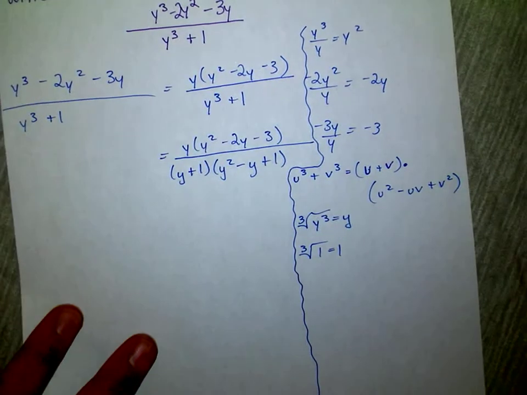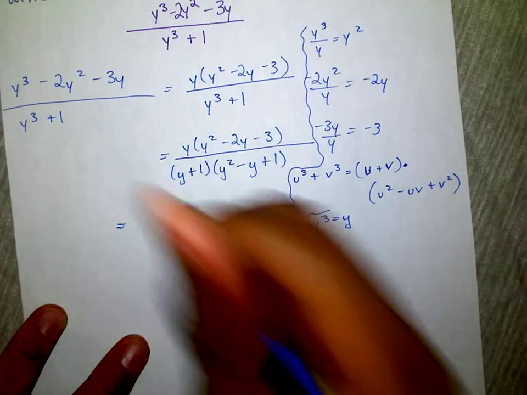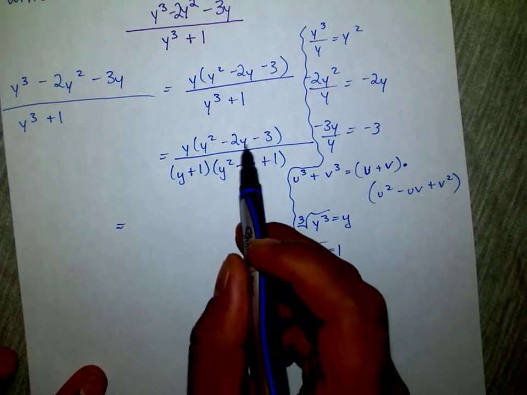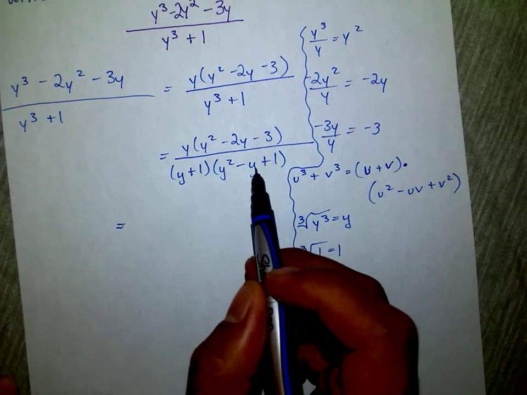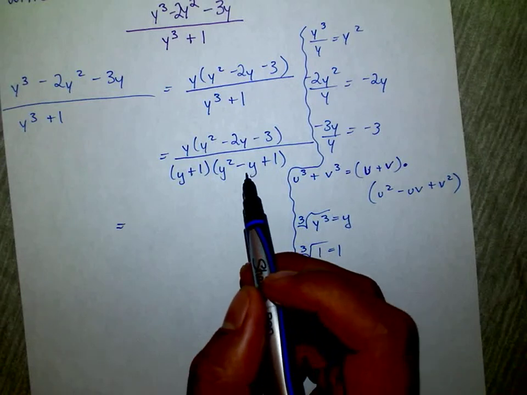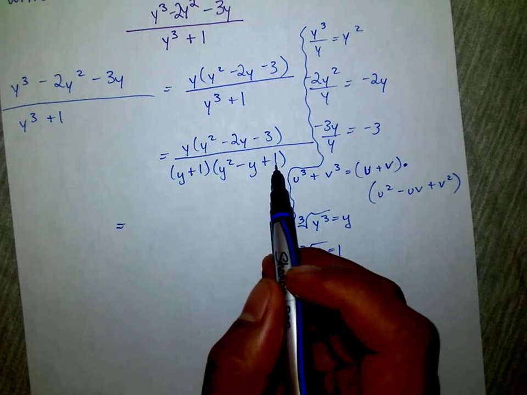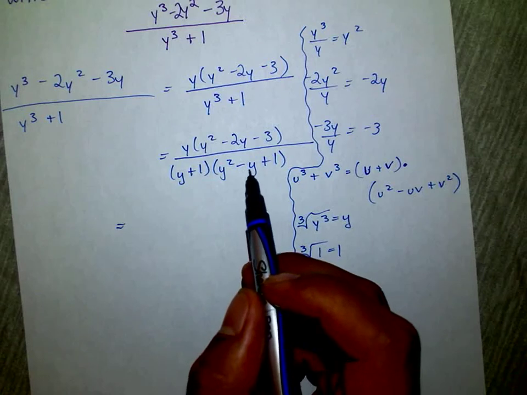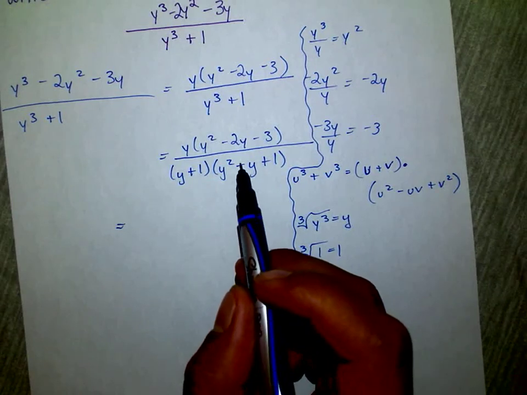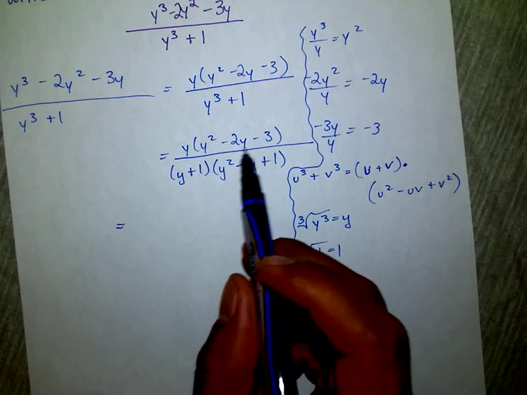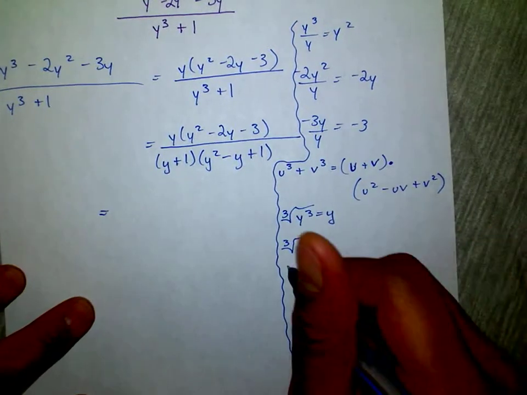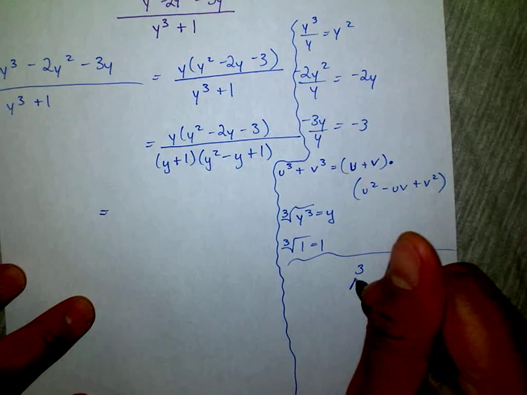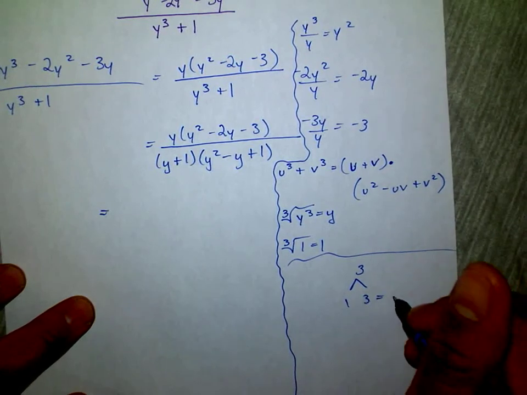Alright, so we come over here. Now, we should be able to factor this polynomial if I'm not mistaken. Let's see here. This one cannot be factored, okay? And this one here, we can factor. Now we need to go back to doing our factoring thing. 1 and 3, if we add them together, that gives us 4.